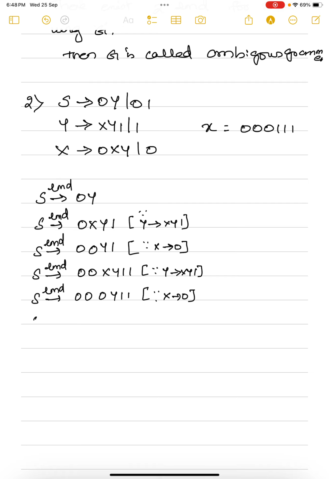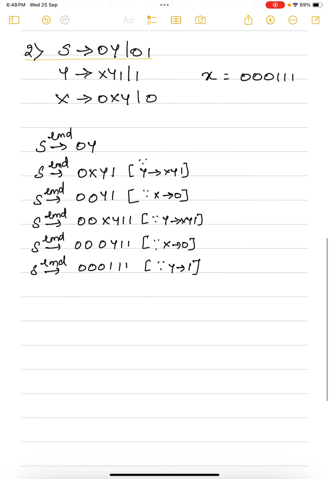Again using leftmost derivation, 000111, since you have a production Y goes to 1. So we were able to give one leftmost derivation. Starting from S, applying the grammar G one or more times using leftmost derivation, we were able to derive 000111.